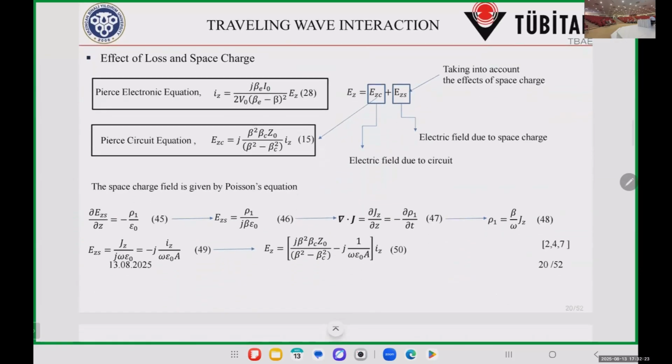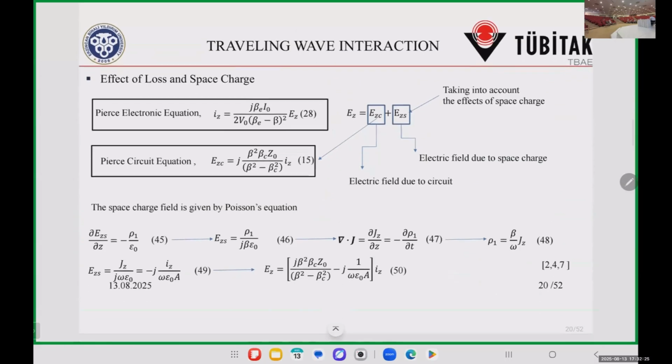If we think about space charge, now we use these two equations, the Pierce electronic equation and the Pierce circuit equation.